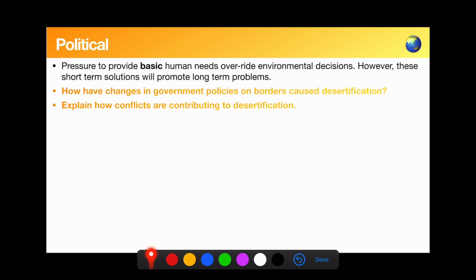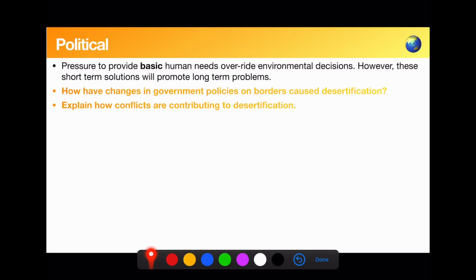Political. Basically, in the regions that we're looking at, there is a huge amount of pressure for governments to provide basic human needs. And this, more often than not, overrides the environmental decision. So rather than looking after the environment, they're going to look after their population first. However, they can be really short-sighted.